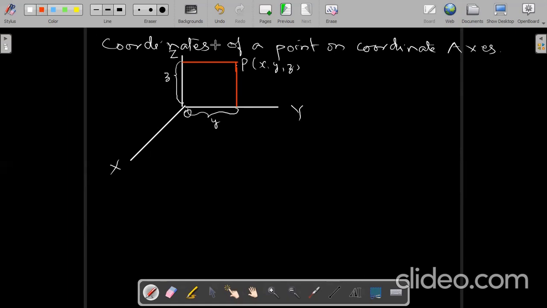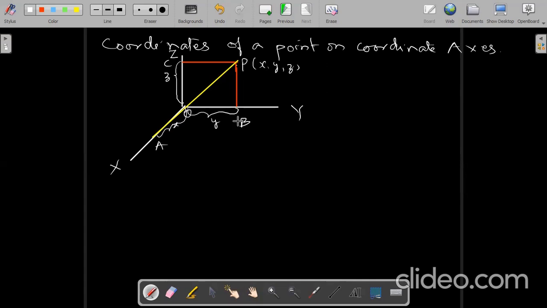On the x-axis also, if you drop the perpendicular, suppose this is A, this is B, and this is C. So OA is the x coordinate on the x-axis.